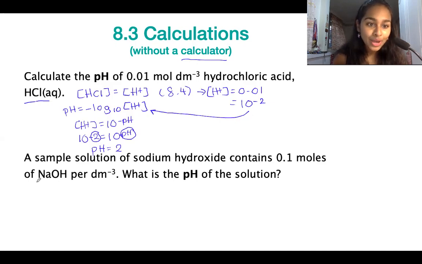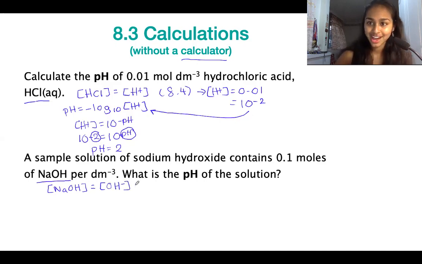So now we're looking at a strong base. NaOH is a strong base, and this means that it's going to dissociate into hydroxide ions, not hydrogen ions. So we can't use these formulas, because they are all about hydrogen ion concentration and pH.